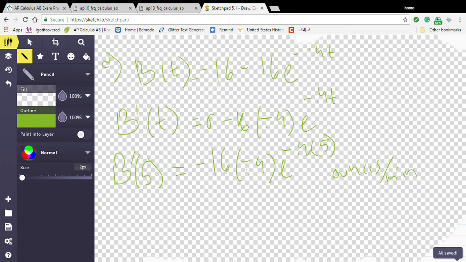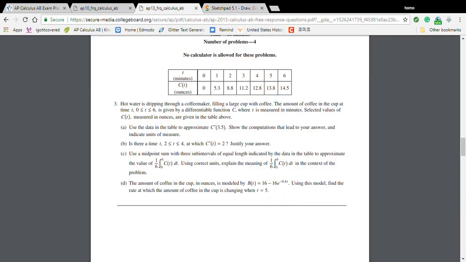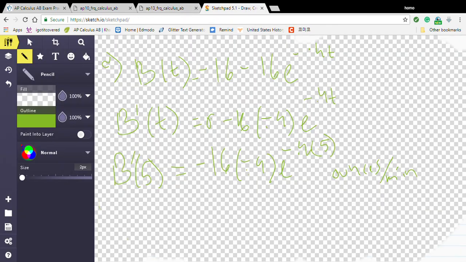We don't have to solve it because it's a no calculator problem, and I personally don't want to solve this when we can just leave it at this. And this is the answer to D, because we found the derivative and then we plugged in 5.